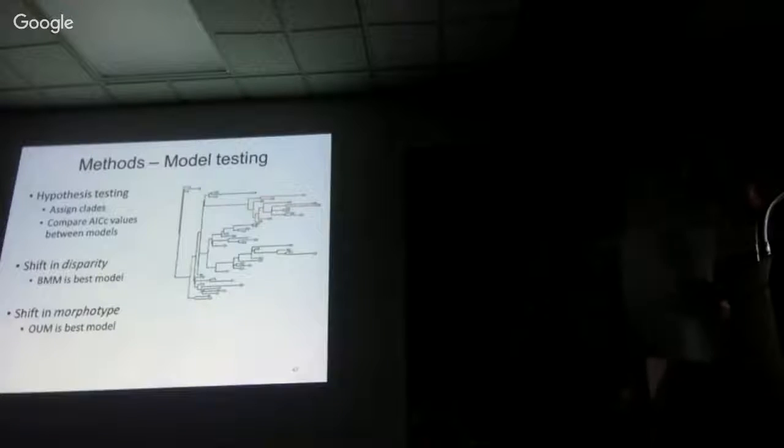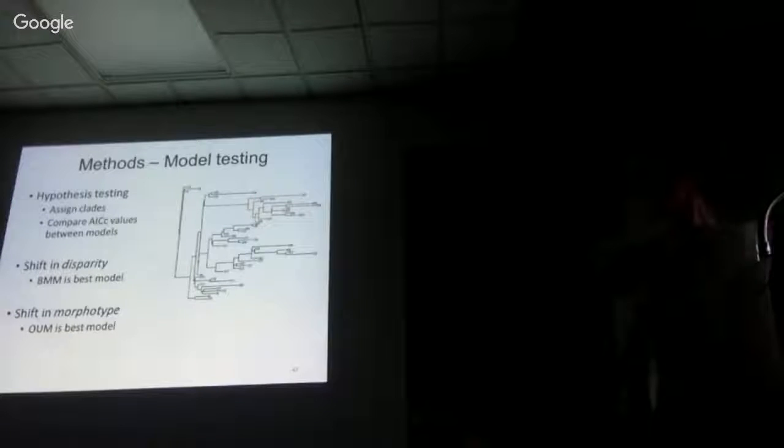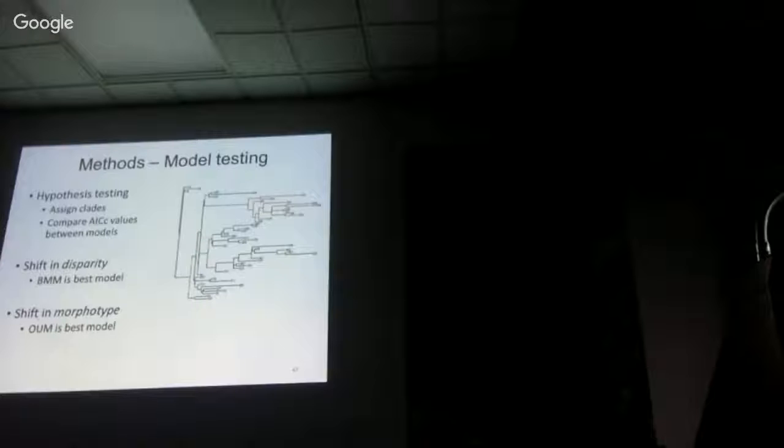So based on those questions, I can assign which clades I want to separate. I will then compare the statistical fit of the various models by comparing their AIC values. And I will also look at the weighted AIC values.